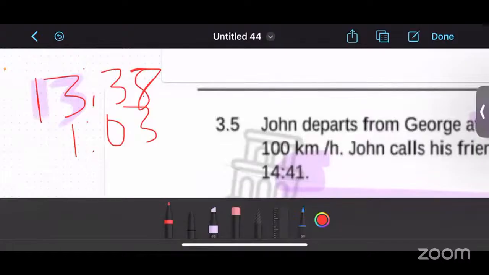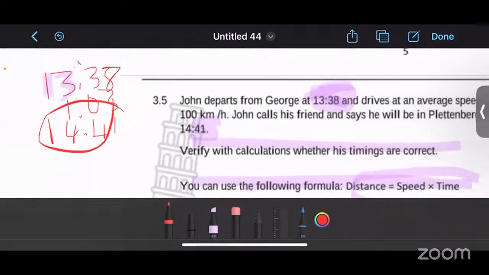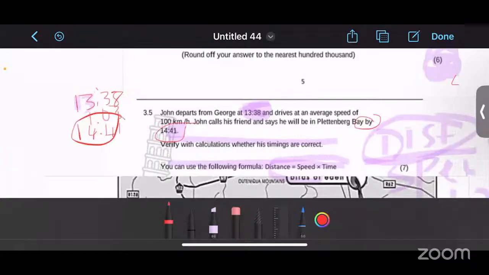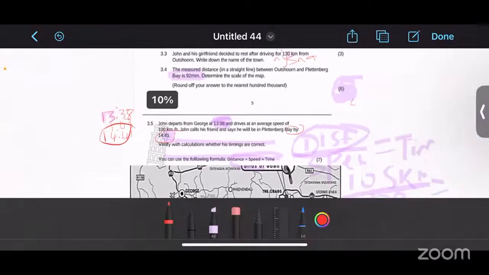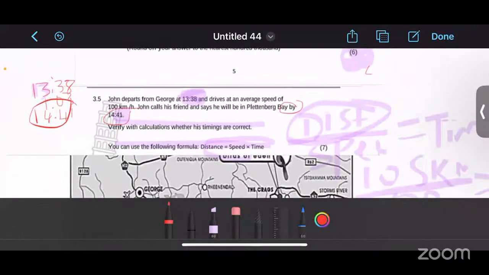So 3 plus 8 is 11, and then we're going to have 4, and then 4. So the time of arrival is going to be 14:41. And he's saying he's going to be there by 14:41, or around that, which is correct. So now we can say John's estimation is correct. Is that clear to everyone?